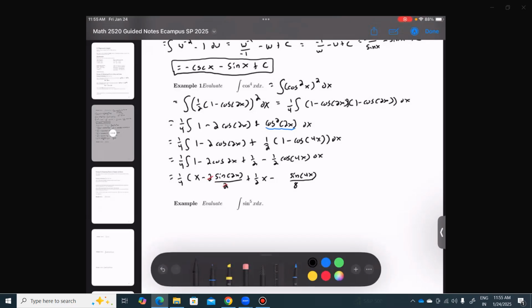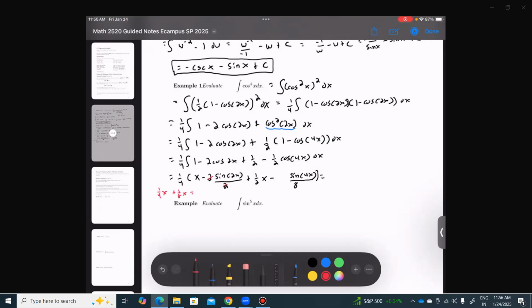All right, we're almost done with this whole thing. I'm going to distribute the 1/4 as well. And we can put some things together. Certain things can't go together, like the sine of 2x and sine of 4x. Those have to be separate terms. The main term I'm going to look at, I'm going to do this off to the side: 1/4 x and plus 1/8 x. That we have to adjust.